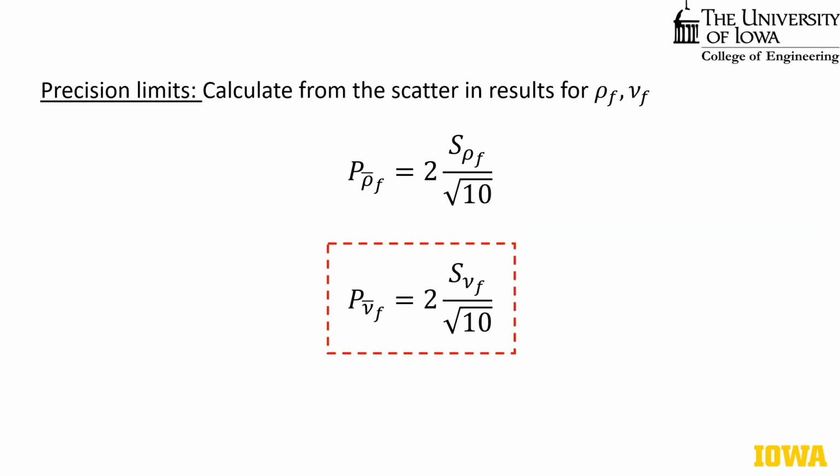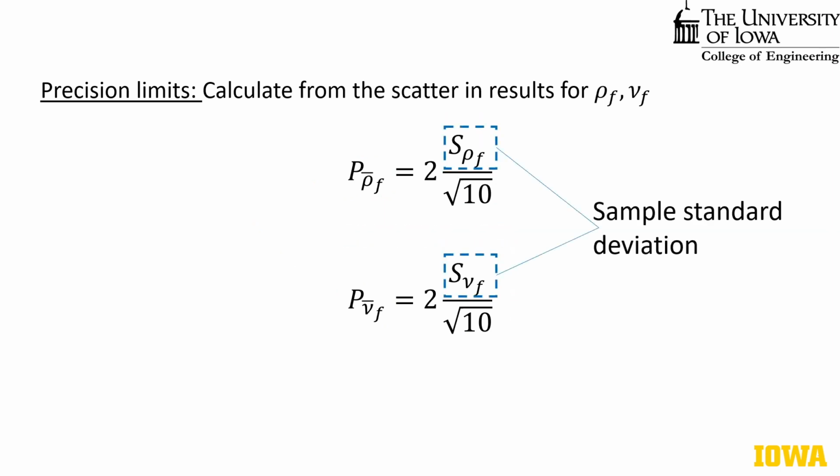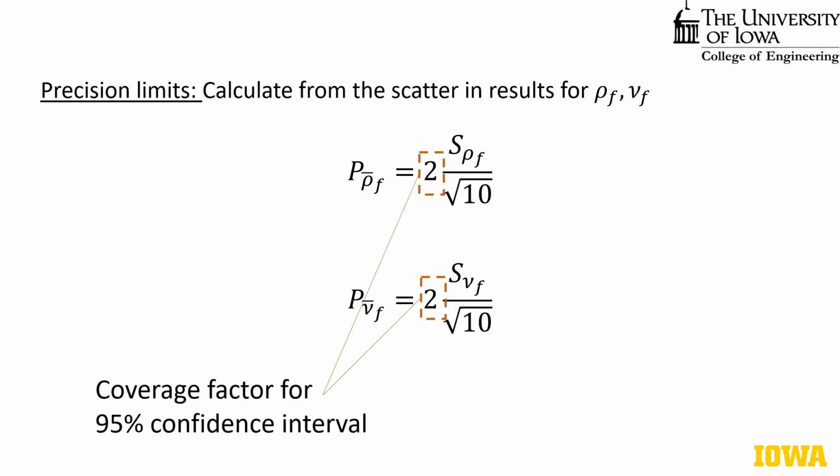In this case, we can use the scatter in the data. We can calculate the standard deviation associated to our estimates of density, the standard deviation associated to the estimates of viscosity, and create a bound for how big this precision is on our estimated variables.